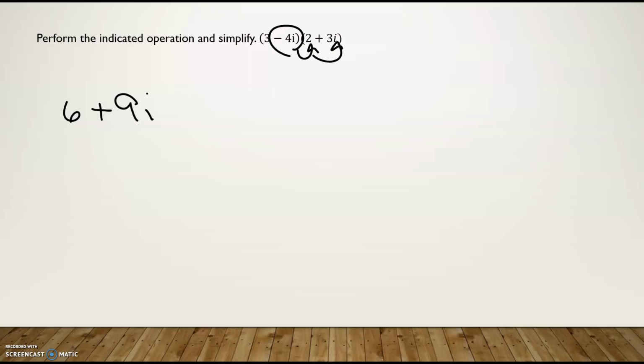So negative 4 times 2 will be negative 8i. And then negative 4i times 3i, that will be a negative 4 times 3 is 12, i times i is i squared. Now I'm going to combine. Actually, I'm going to change that i squared to negative 1 first.